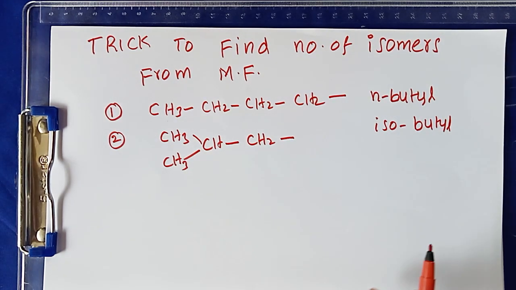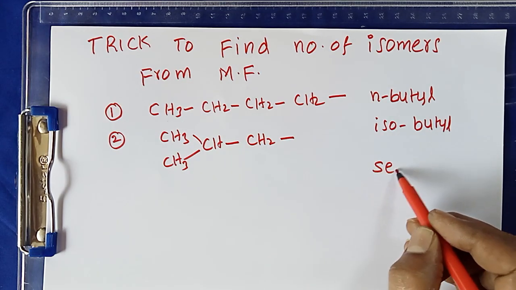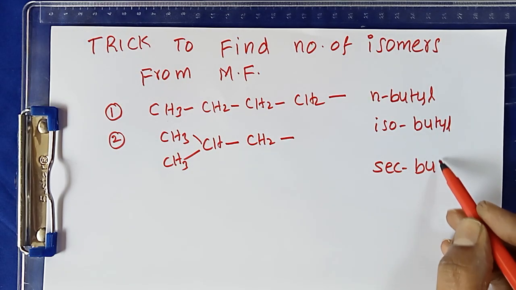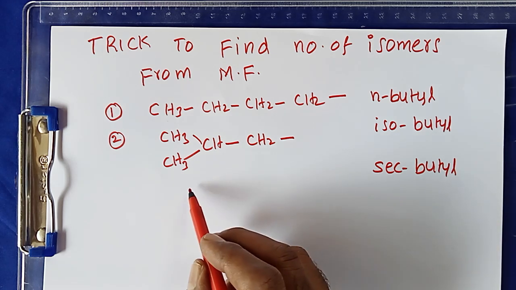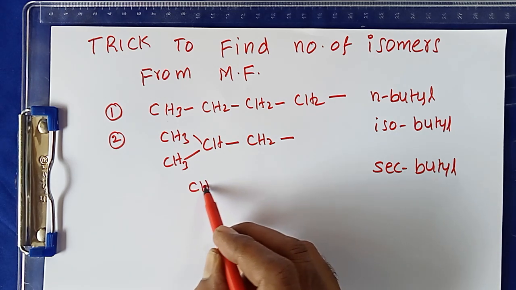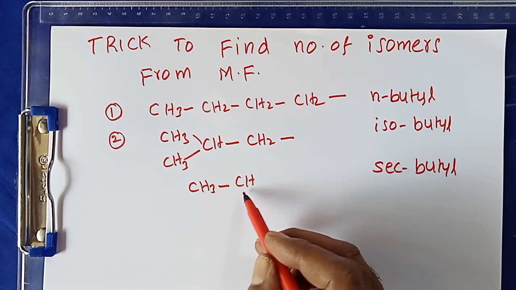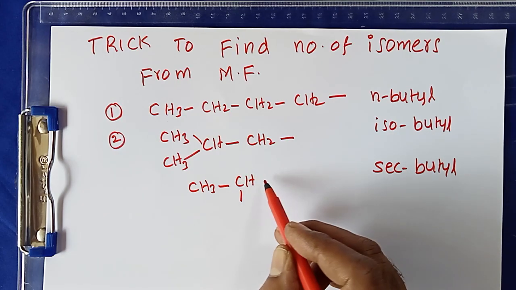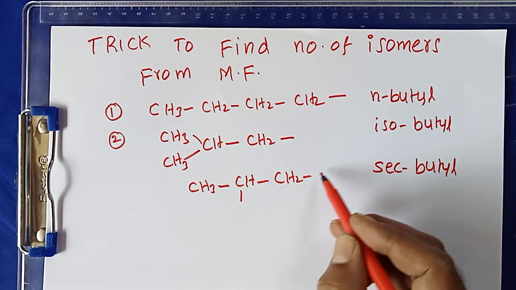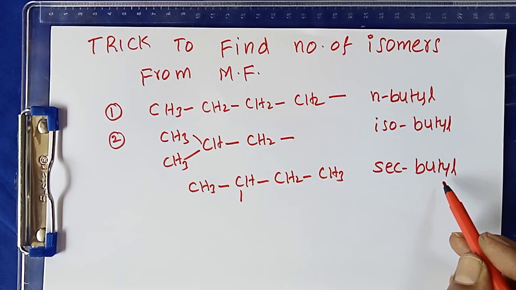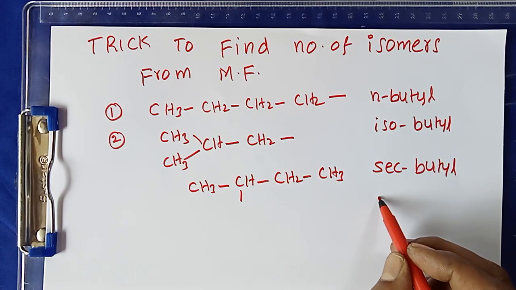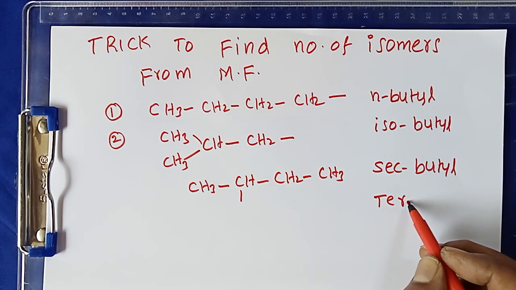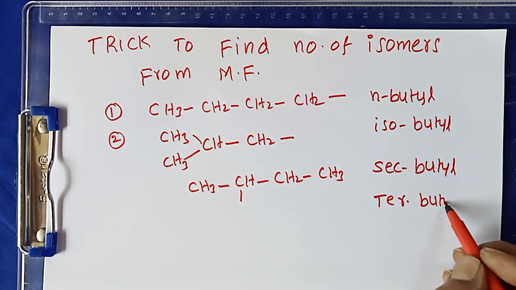This is isobutyl. Next, secondary butyl. Secondary butyl means what? CH3, CH open bonded secondary carbon, CH2 and CH3, secondary butyl. Next, tertiary butyl.